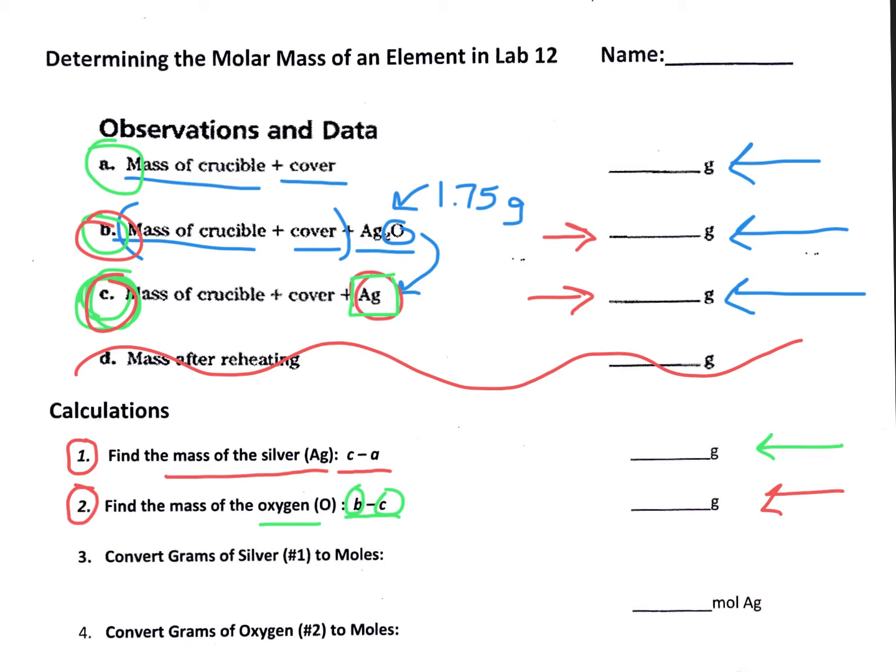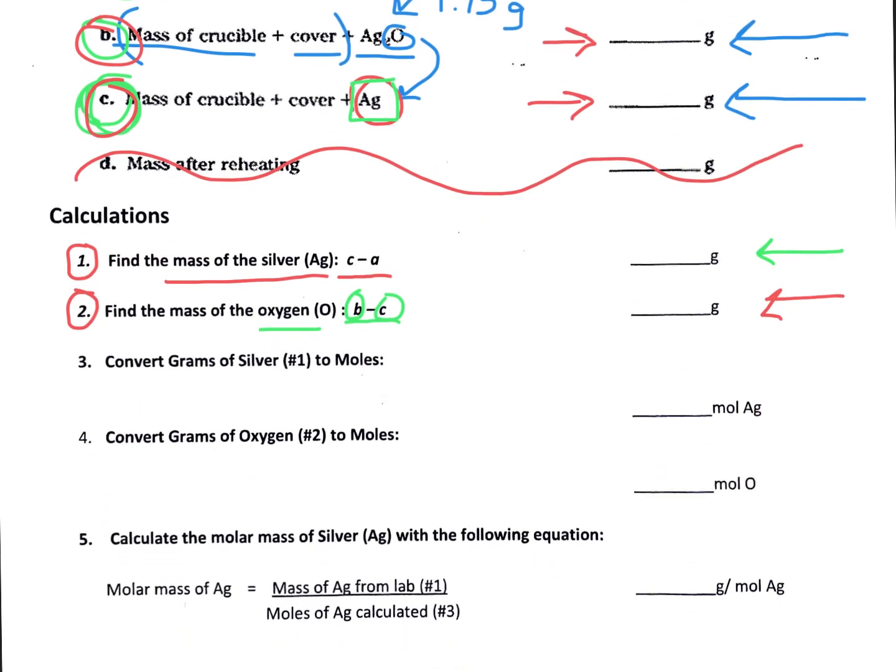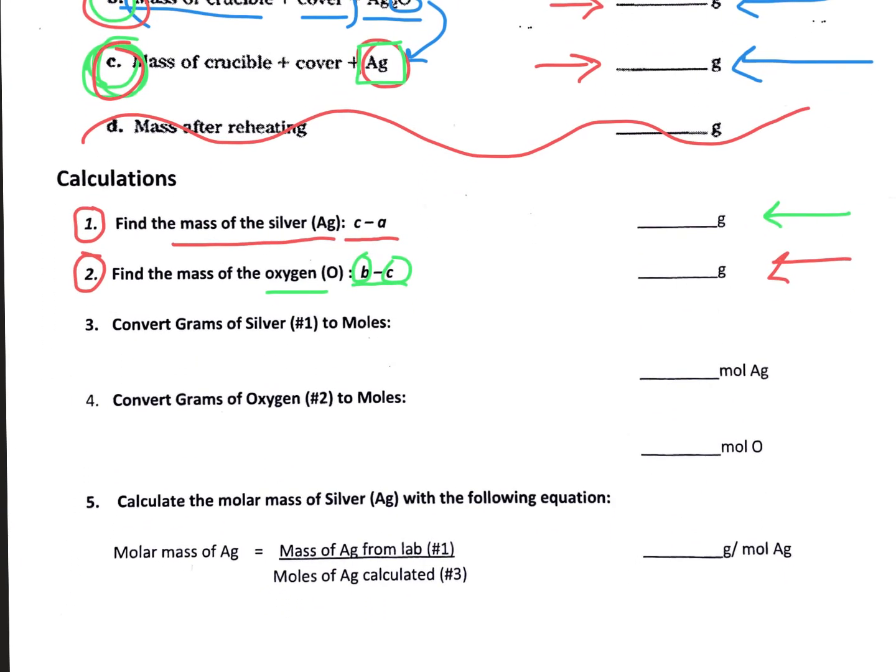Now that you have all of your data taken, we're going to scroll up a little bit here and start working on converting our grams of silver to moles. So to do that, we're going to take our mass of silver, which is our calculation number one right here. We're going to take that mass of silver and you are going to convert it into moles.